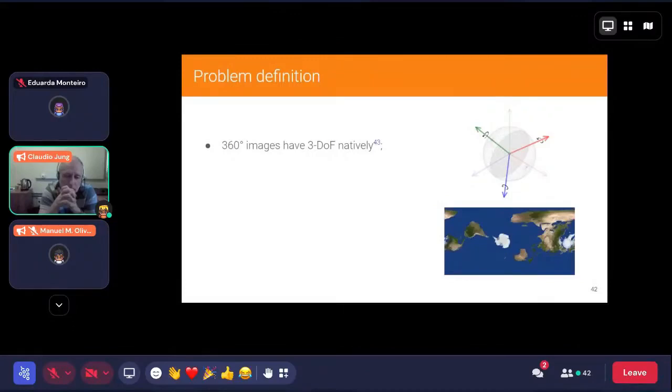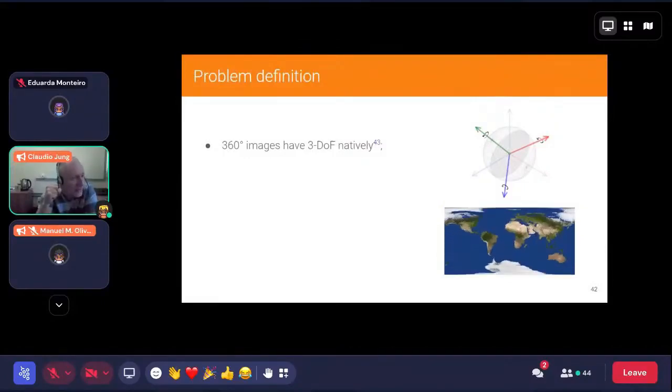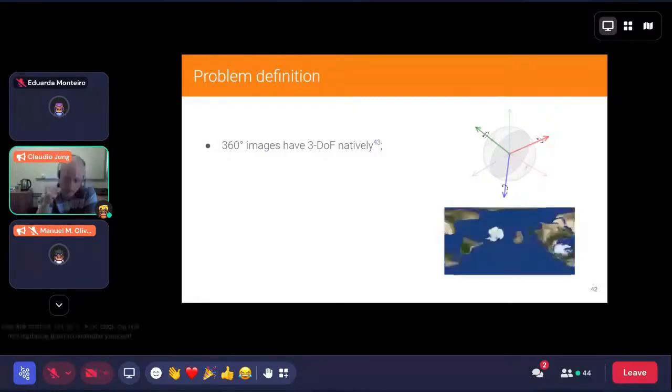So if you don't consider sampling issues, these images, like the analogic spherical images, where you don't have sampling, they have 3 degrees of freedom. You can rotate it around the center of the sphere, and still you have exactly the same representation.